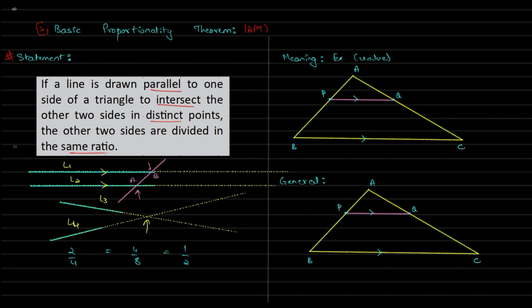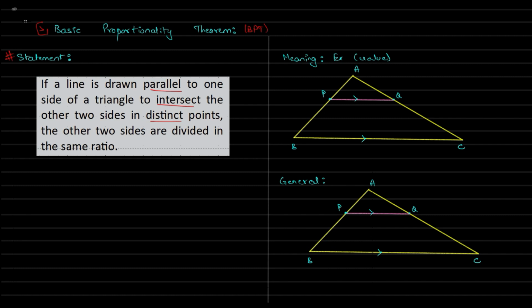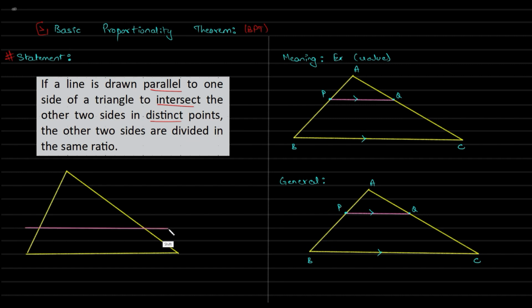Now, as a whole, let's read the statement. If a line is drawn parallel to one of the sides of the triangle, first we need a triangle and we need to draw a line parallel to one of its sides.